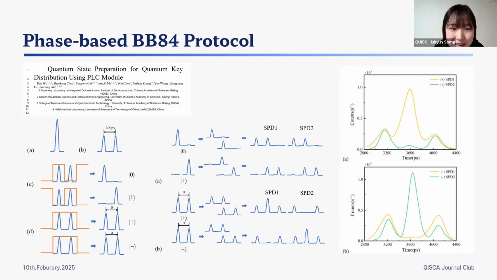Looking at the real experimental result graph, we can see that constructive interference occurring at photodetector 1 is interpreted as the plus state, as they have defined here. And if this constructive interference occurs at photodetector 2, then it could be considered as the minus state.